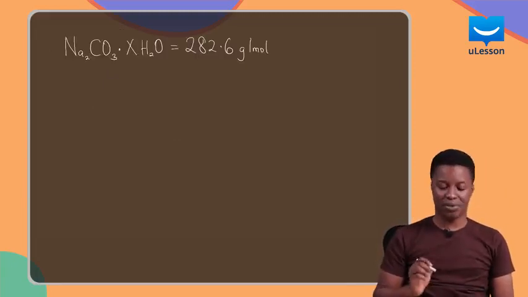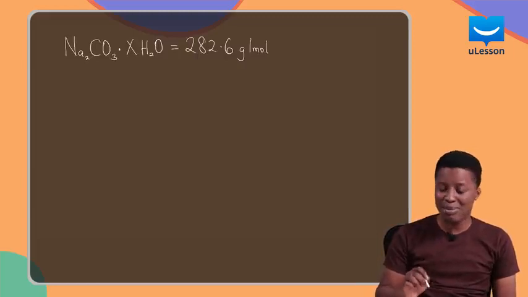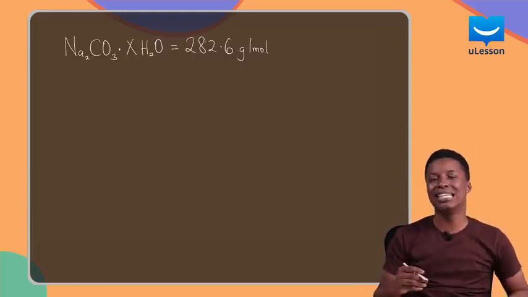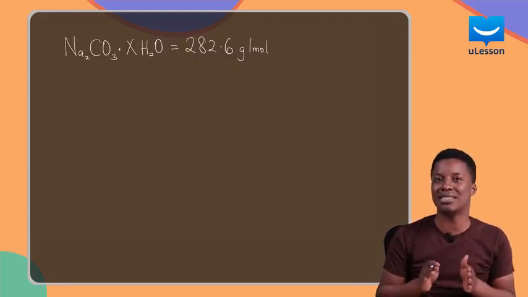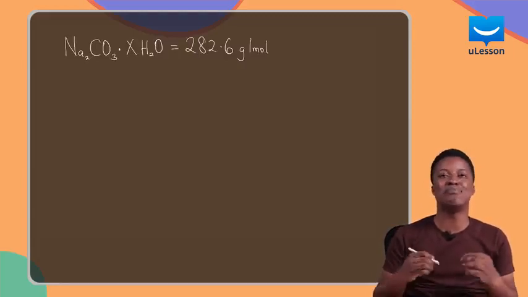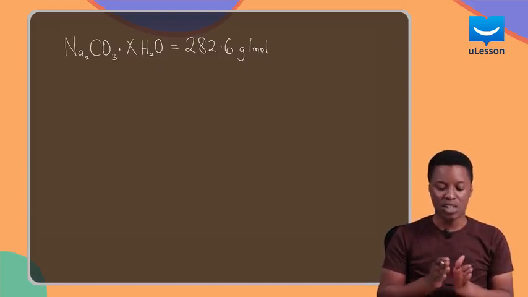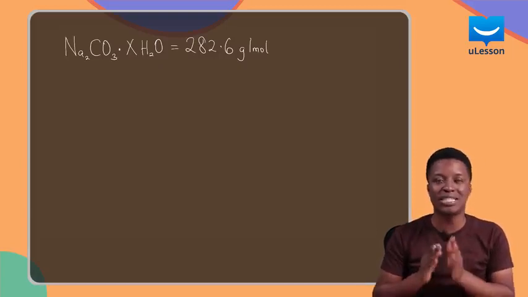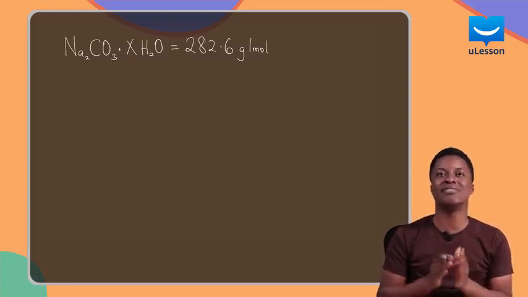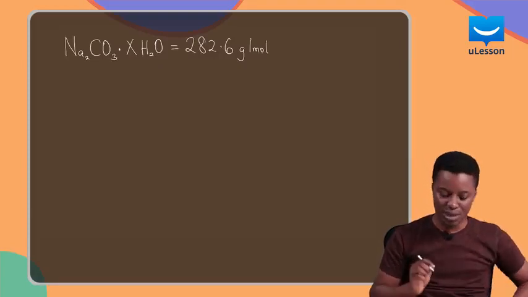To obtain the value of X, all we have to do is to remember that the molar mass of a substance is the sum of the atomic masses of all the individual elements that make up that substance. So if we sum up the atomic masses of all of these elements, we should be able to find the value of X. Let's do that quickly.